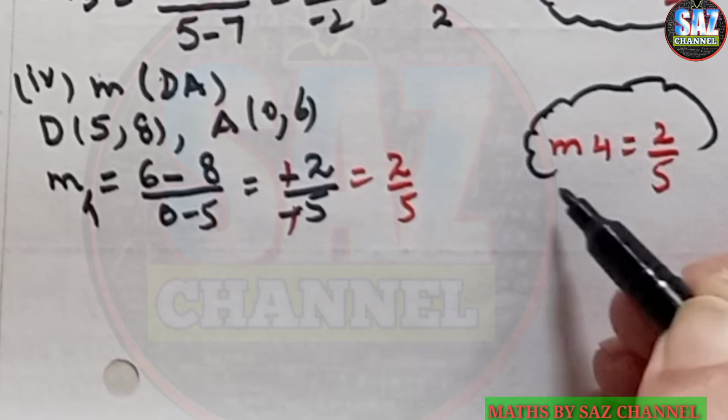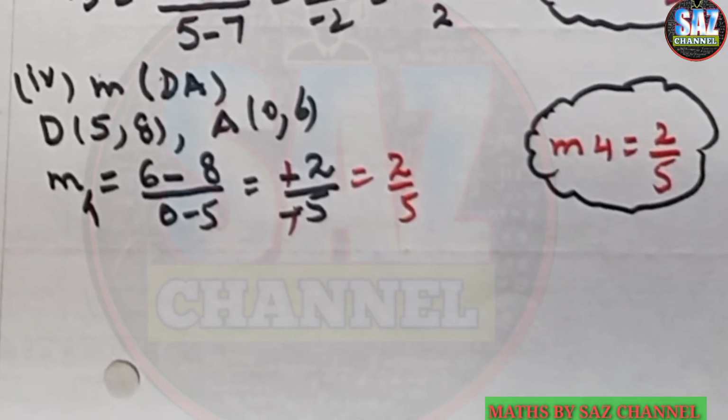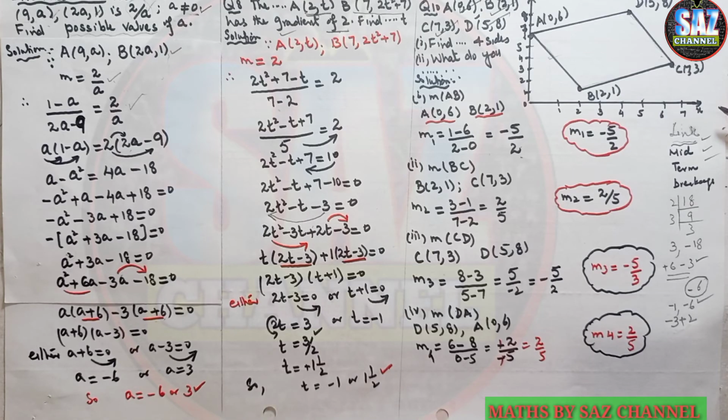After finding the gradient of all four sides, the second requirement of the question is, what do you observe about the gradients of the opposite sides of the square?